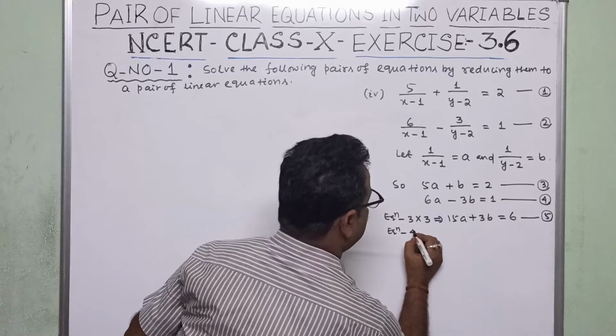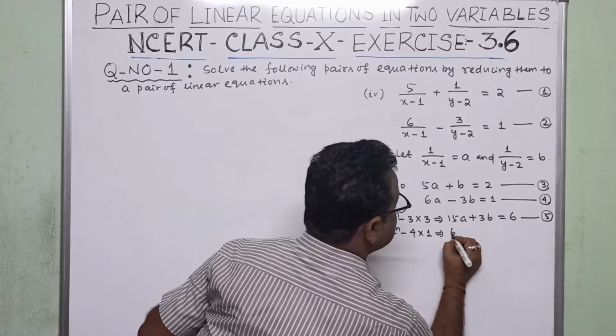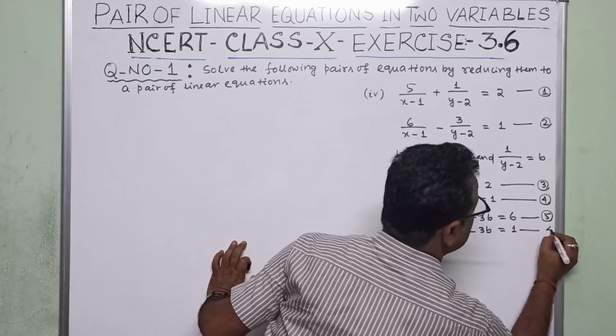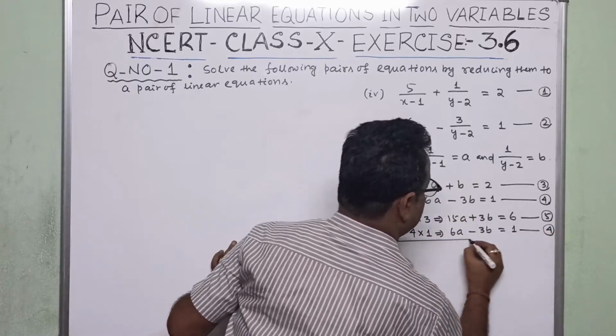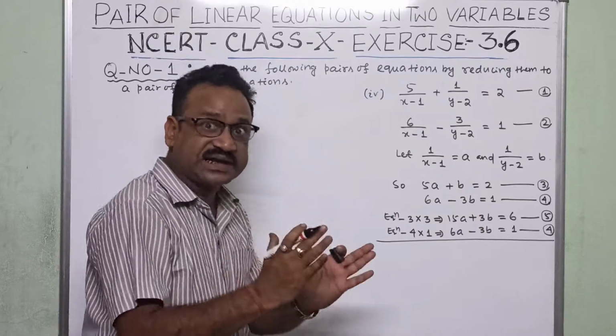Now equation 4 into 1, 6a minus 3b is equal to 1, equation 4. Now opposite sign, so we'll add it.